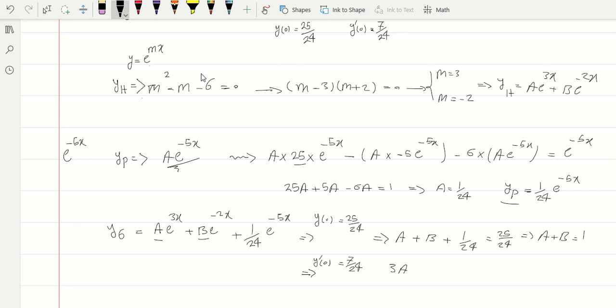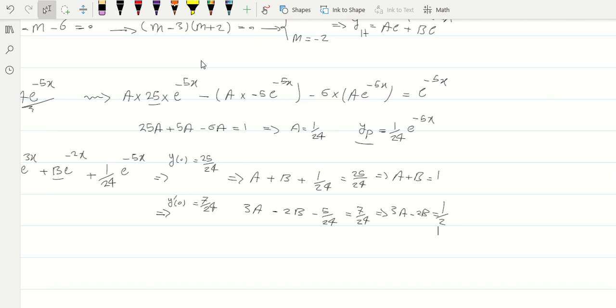And for the second one, it would be minus 2b. And for this one, it would be minus 5 over 24, which would be equal to 7 over 24. Now, what I can now write is 3a minus 2b is equal to, I'm just going to move minus 5 over 24 to the right side. So it would be 12 over 24, which would be equal to 1 over 2.